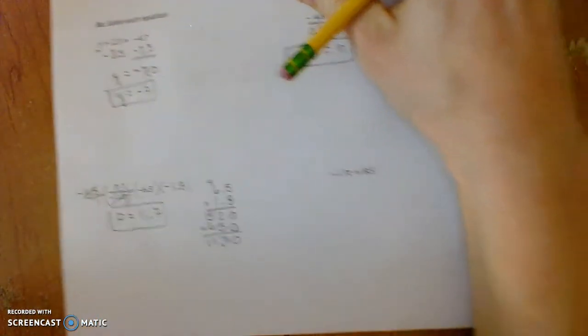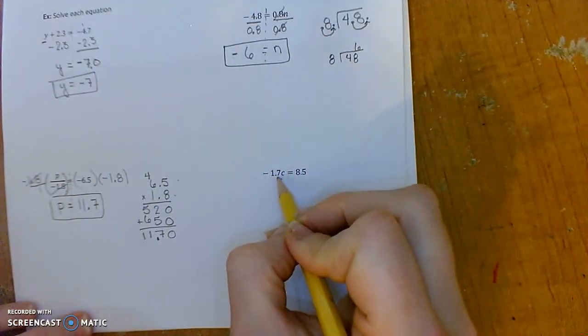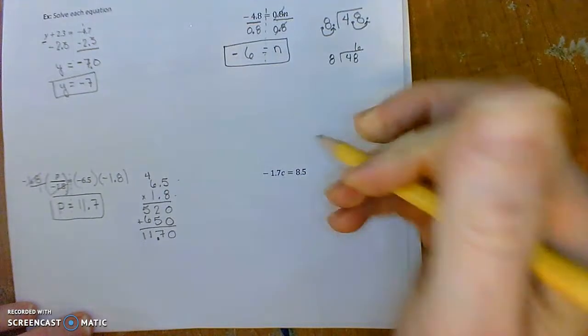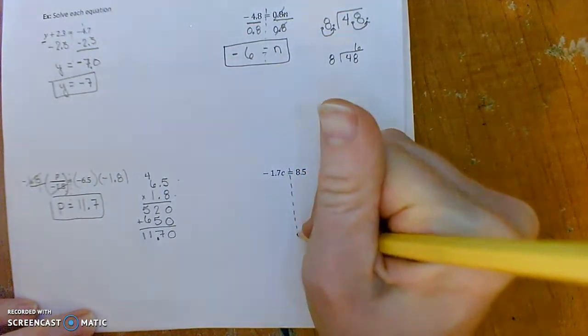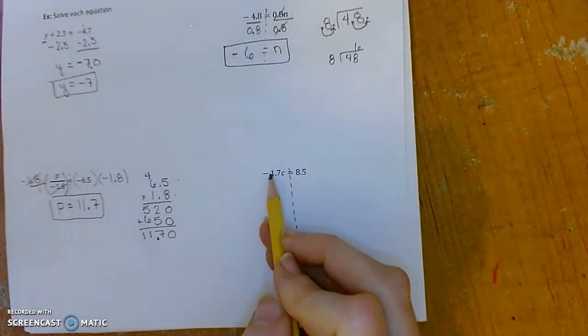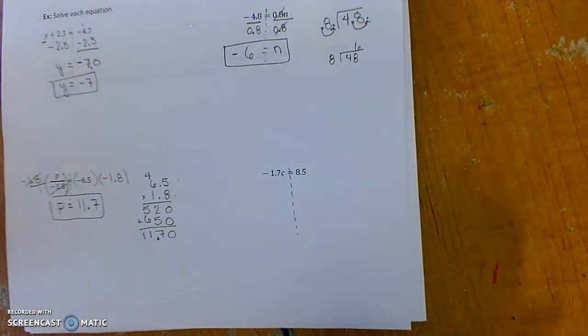All right, last problem. Again, please attempt it on your own. Pause the video and then check your answer. Negative 1.7c equals 8.5. So let me tell you that this problem actually gives people a lot of issues because of this negative. A lot of people want to just add the 1.7 because you see that negative sign.